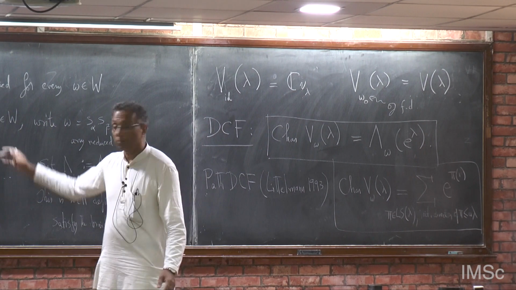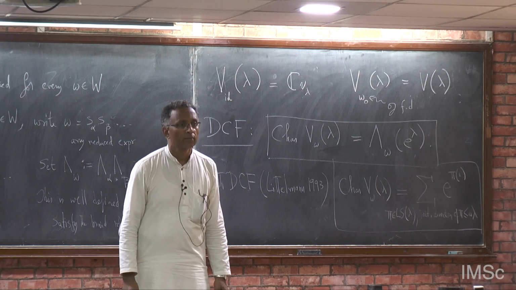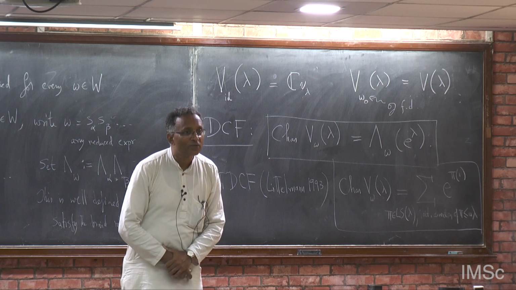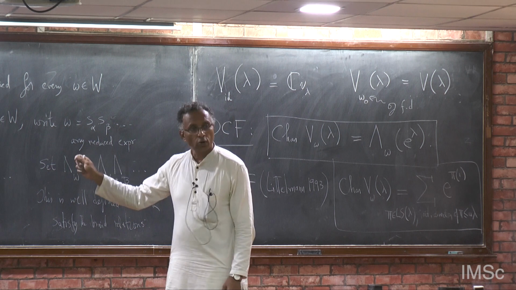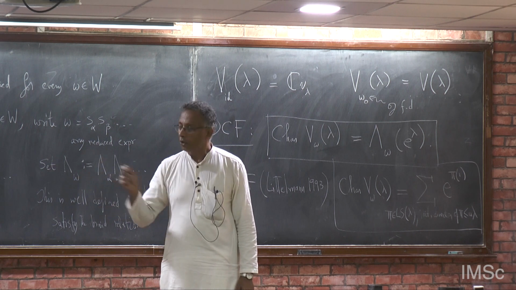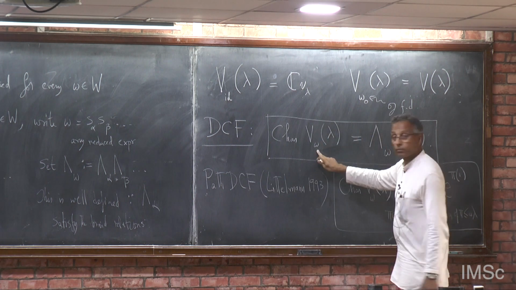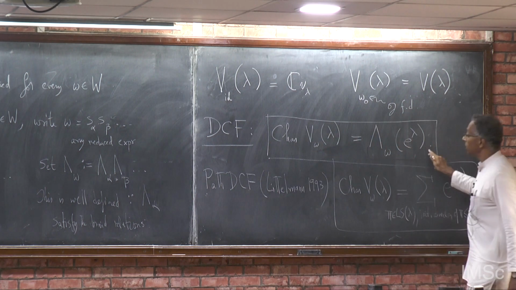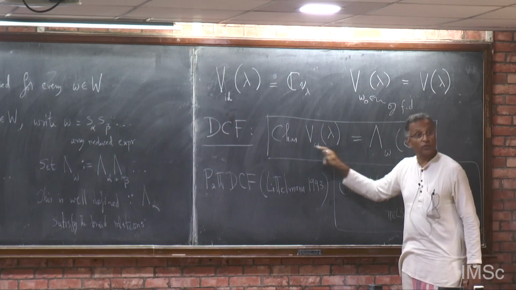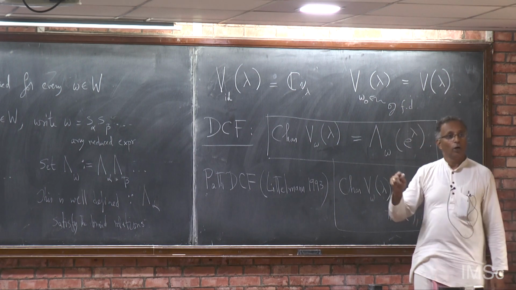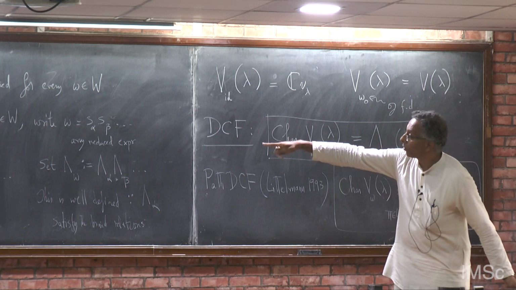Yes, what's the confusion? The conclusion is that when I put W equal to W naught, if I apply this observation, this is the character of V lambda. So I could have drawn this picture.